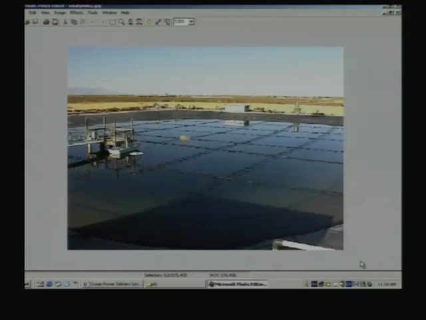Here is another view of that facility, where this is the surface of the pond, and it is actually divided into segments to make it easier to control, and here you can see the pipings. This is a facility established in El Paso.